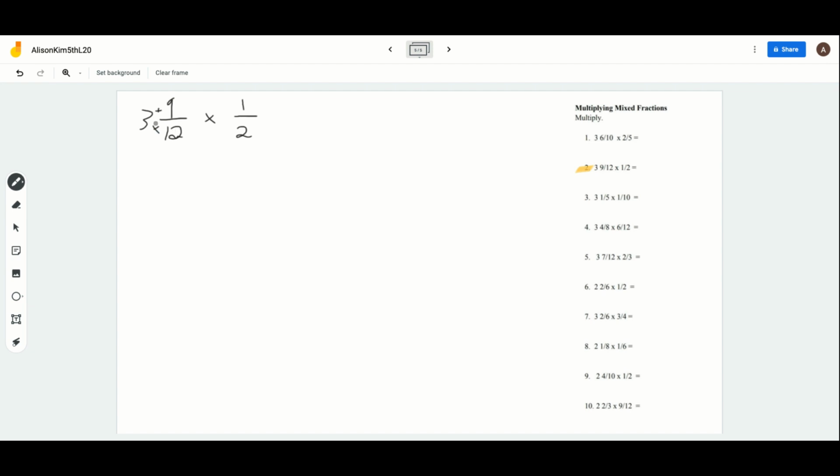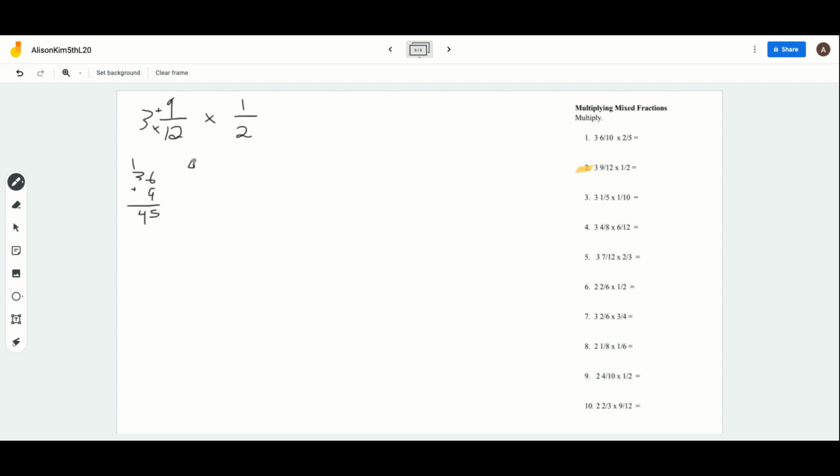So it's going to be 3 times 12, which is 36, and then 36 plus 9. I'm not good with mental math, so we'll draw it out. 36 plus 9 is 45.